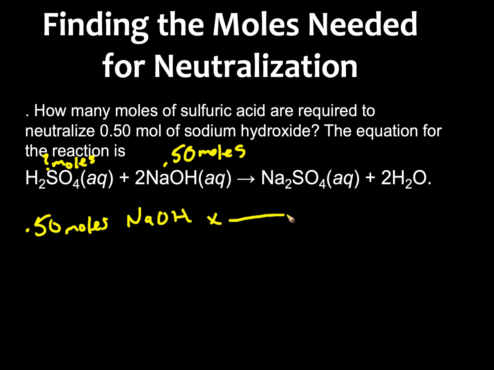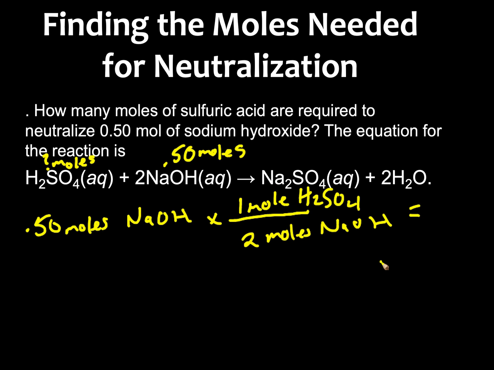We want to go to moles of H2SO4, so just a mole-to-mole stoichiometric calculation. So we have 1 mole of H2SO4 over 2 moles of NaOH. We plug that in the calculator, and we get 0.25 moles of sulfuric acid.